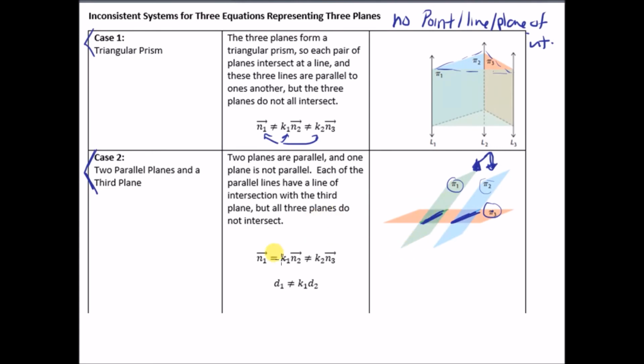What we'd be looking for is that two of the normals are scalar multiples of one another, meanwhile their d's are not. With their d's not being scalar multiples of one another, we would have parallel planes instead of the same plane. And then that third plane does not have a normal that's a scalar multiple of either of the first two.